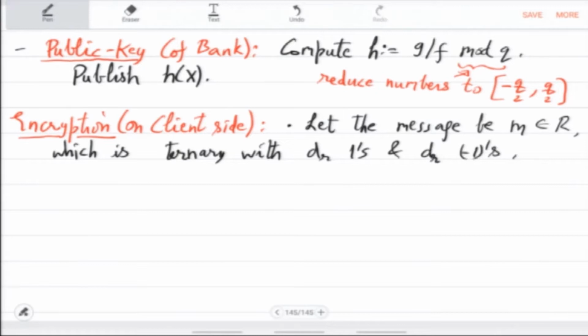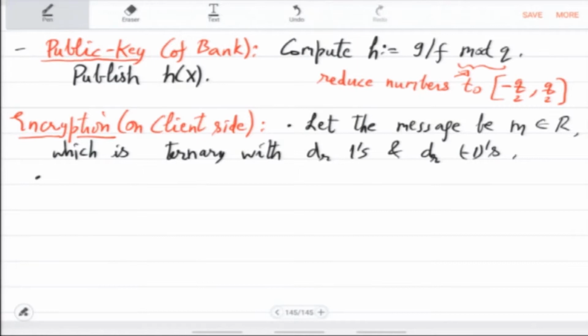So the message also we can assume has this form. This is easy to assume because you can always come up with a padding technique to make the plus 1s and the minus 1s equal to this public parameter, and the other coefficients are 0. Okay, so that's the message that the client wants to send to the bank in a secure way.